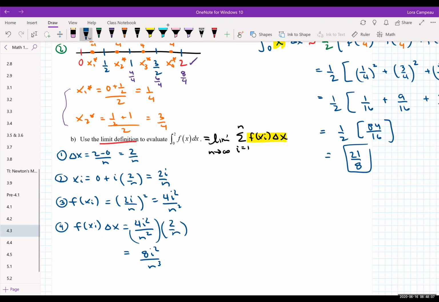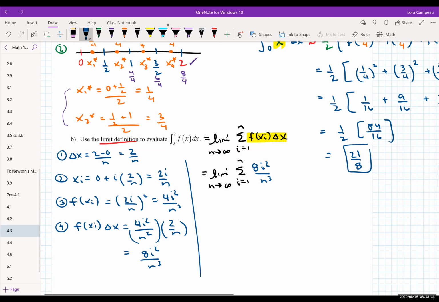So now we're ready to plug that into our limit definition. That's the preliminary work. So if we do this, we have the limit as n approaches infinity, summation i equals 1 to n, and now we can directly say of 8i squared over n cubed. So it's a little prettier now.